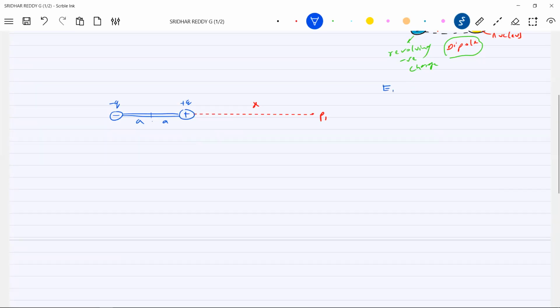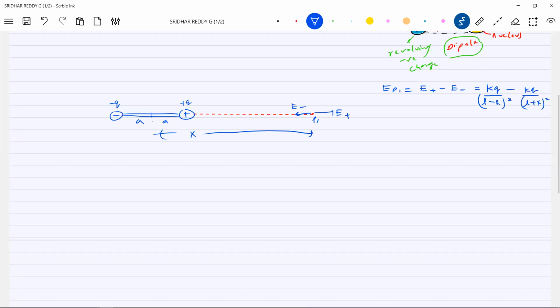What is the electric field strength at point P1 due to the positive charge and due to the negative charge? Due to the positive charge it is E plus, due to the negative charge it is E minus. So this becomes KQ. The distance X is measured from the center of the dipole. So this becomes KQ by L minus X whole square, KQ by L plus X whole square.